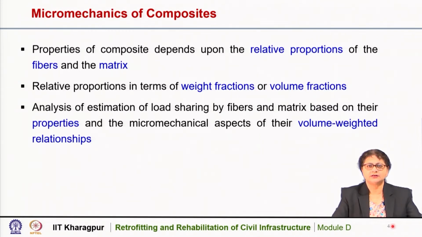The properties depend significantly on the amount of fiber and matrix in a composite. Micromechanics of composite is the analysis of the estimation of load sharing by fibers and matrix based on their properties and the micromechanical aspects of their volume weighted relationships.